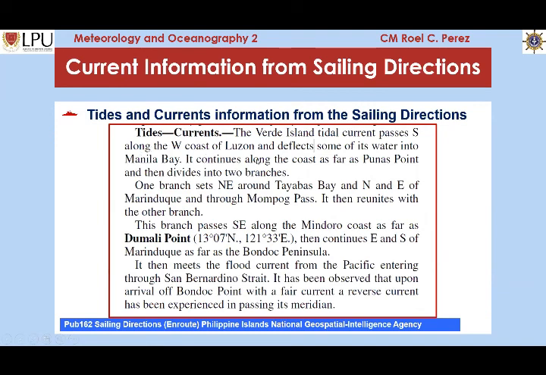Near Marinduque, meron din. And west coast of Luzon, meron din siya, di ba? Before coming in the Verde Island Passage, may Verde Island tidal current na. So, yun ang arrow na ilalagay mo. Tapos, do not put yung doon sa San Bernardino. Hindi na yun. Yung kasalubong na.